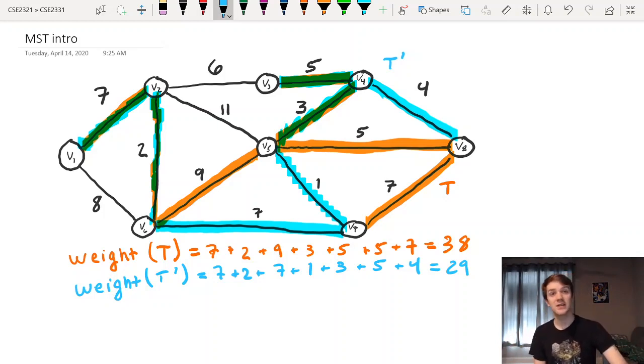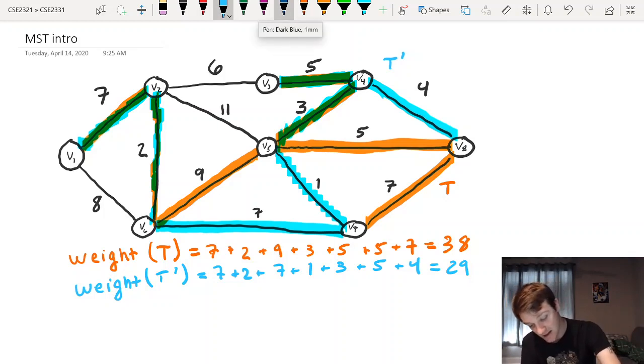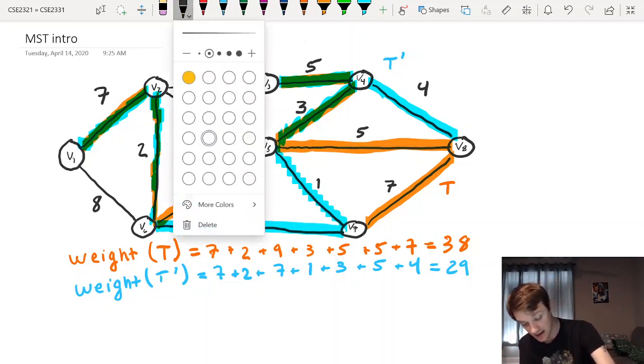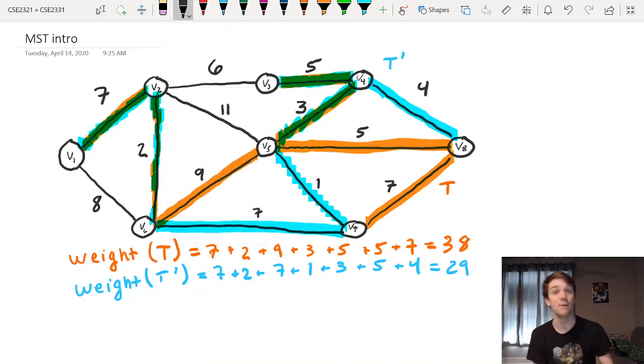It actually turns out that in this graph, there is a minimum spanning tree that does a little bit better than this. So I'm going to emphasize this one by thickening the lines in a nice thick black pen, just to make it differentiated from the other two.